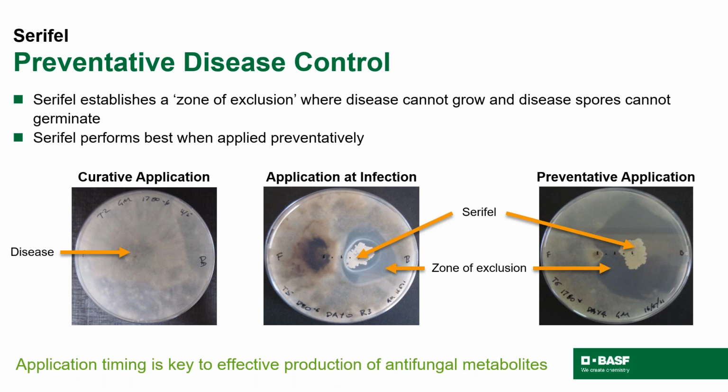On the right-hand side in the petri dish, it was a preventative application. So Serifel was put there to colonize before the disease was. And as you see, it's our best case scenario where Serifel was really given a chance to fight off this disease. So it's very important when applying your biological fungicide that we do it preventatively before there's any sign of disease.